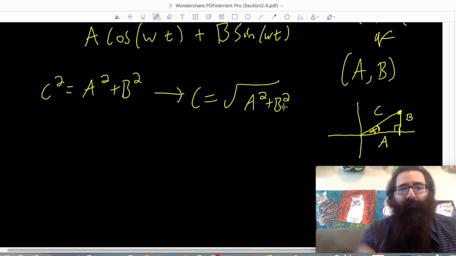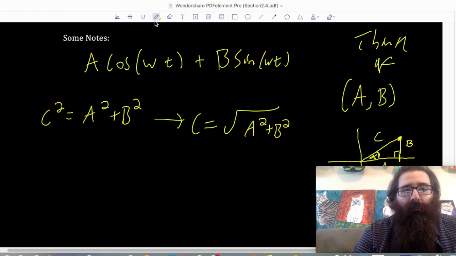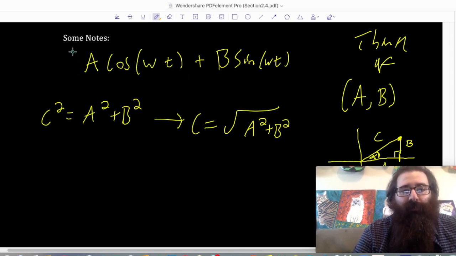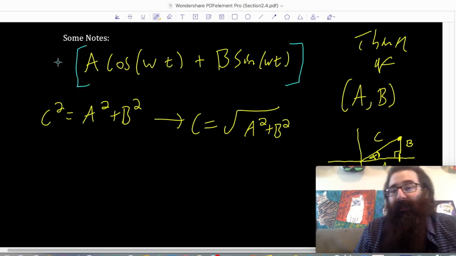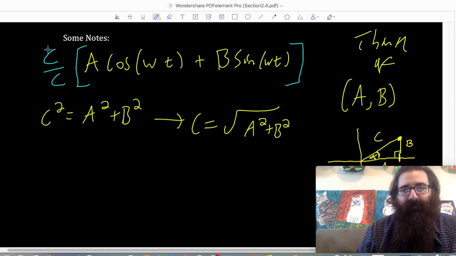So what I want to do is go to my original form of perhaps some undamped position function, throw it in parentheses, and multiply this by c. But I can't just multiply by c arbitrarily. That's going to change what I have, so I have to multiply by c divided by c, which is just the expression 1.